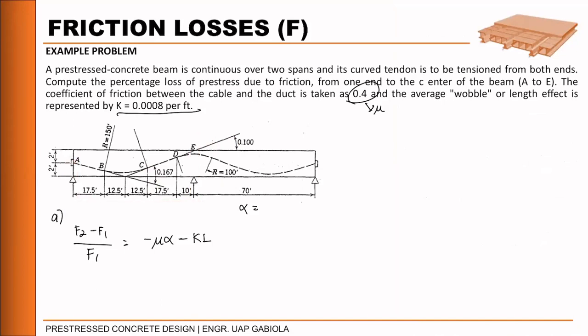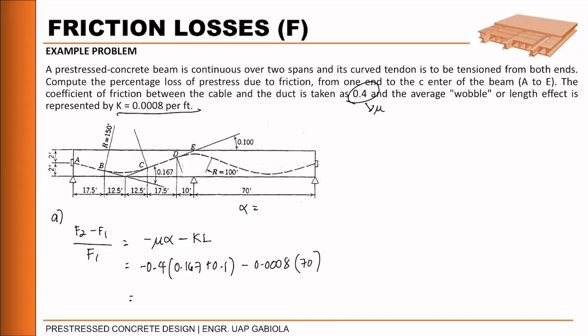Okay. So kung ano yung length na yun. Okay. So we have mu is equals to 0.4 times yung alpha natin na 0.167 plus 0.1 minus 0.008 times yung length natin, that is 17.5 plus 12.5 plus 12.5 plus 17.5 plus 10. That is equals to 70 feet. Okay? Calculate yan. 0.4 times 0.167 plus 0.1 minus 0.008 times 70.